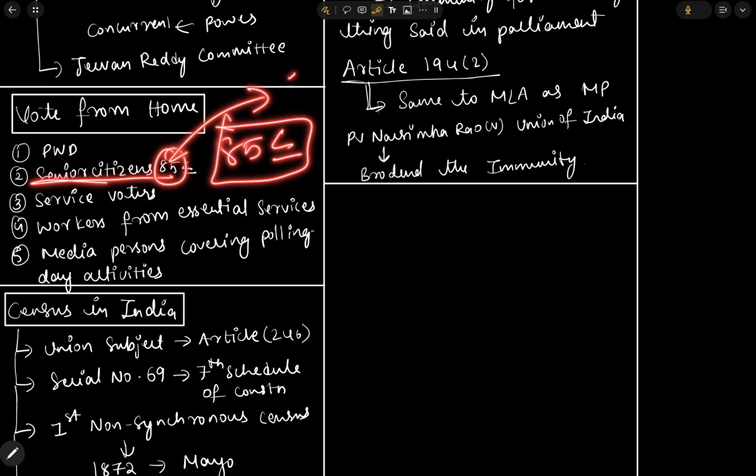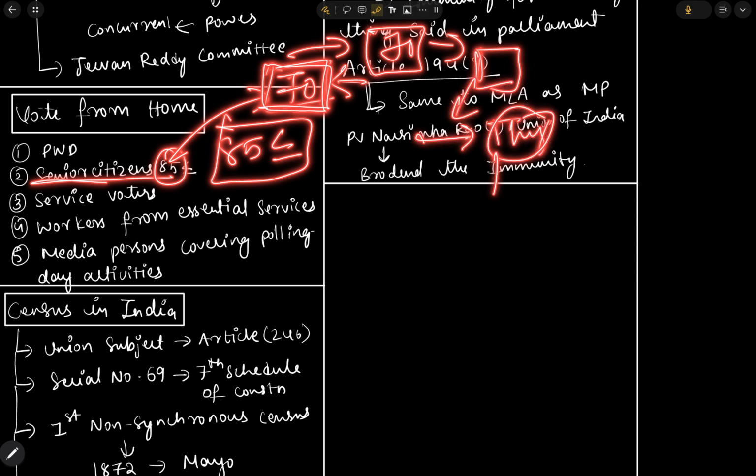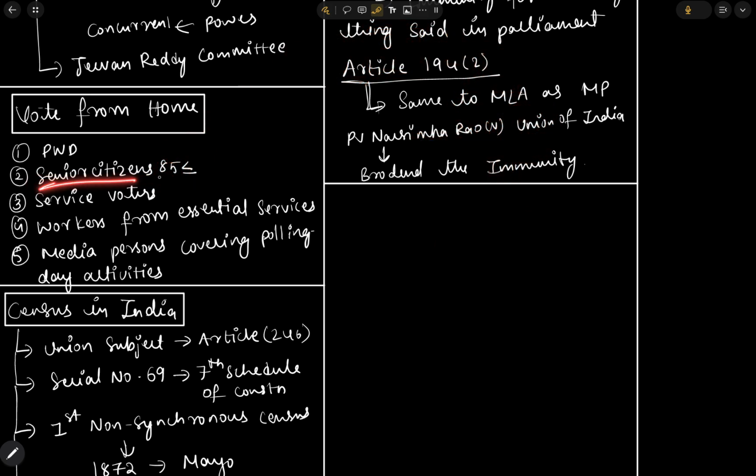Here the examiner may confuse, so he may also give 70. As we see 70, we think that 70 years is old, that people look very old and cannot walk, so they might be getting the advantage of voting from home. But that is not the case, because only senior citizens above 85 years can vote from home.